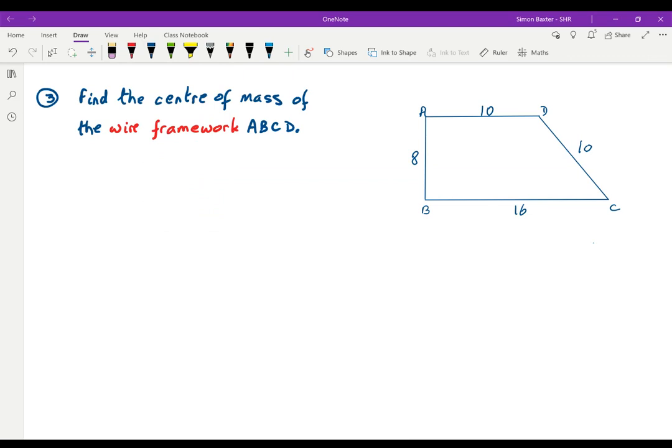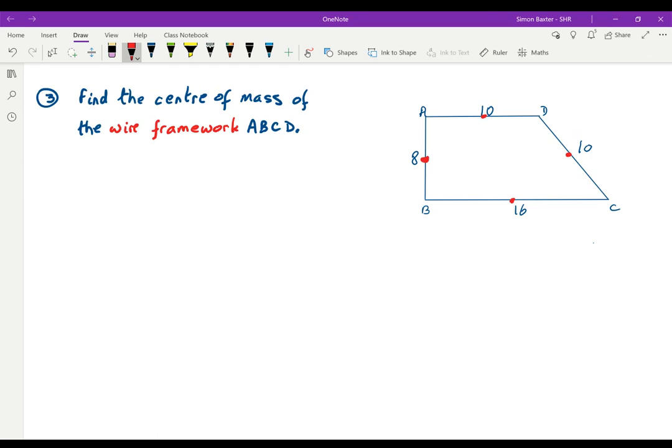Well, when we have a wire framework, we can think of each wire, the mass of each wire, as concentrated at its midpoint. So if we concentrate the mass of the first wire at its midpoint, the second wire at its midpoint, the third one, and the fourth one, then the length of the wire this time is going to correspond to the mass.